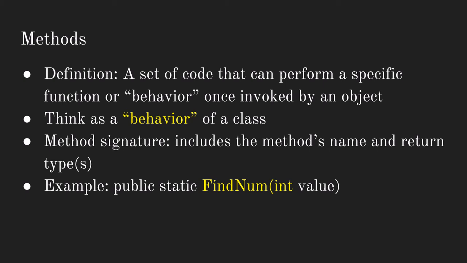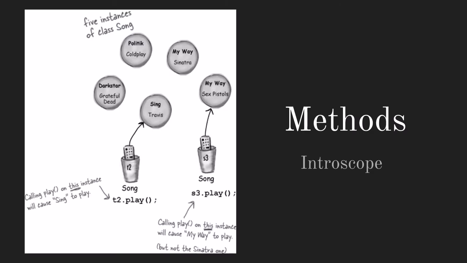So as I said before, think of methods as a certain behavior of a class, of an instance of a class. An example of this could be, let's say I have two objects. They're both songs, and I want to invoke the behavior play.